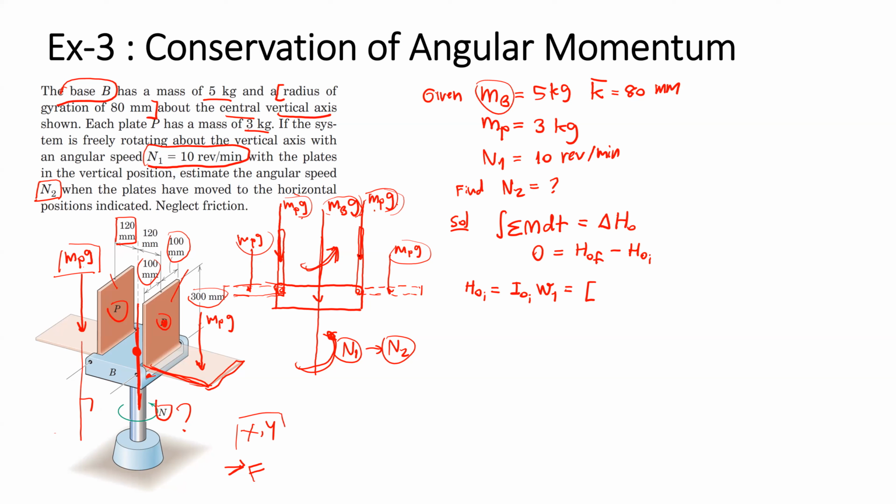So let's see the center of gravity of the base frame in the original orientation. The center of gravity of the base frame lies on the axis of rotation, and the center of gravity of the plate is here, which means we have a distance here between the mass of the plate P at the center of gravity and the axis of rotation.